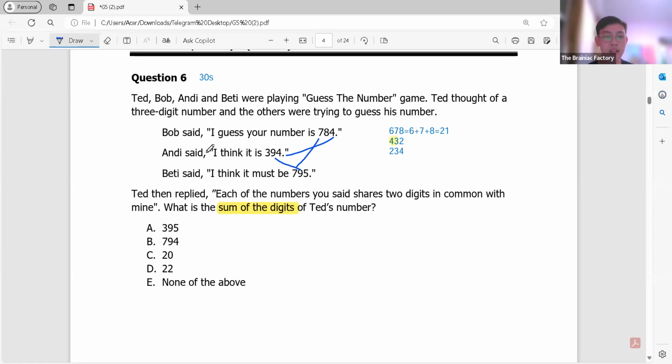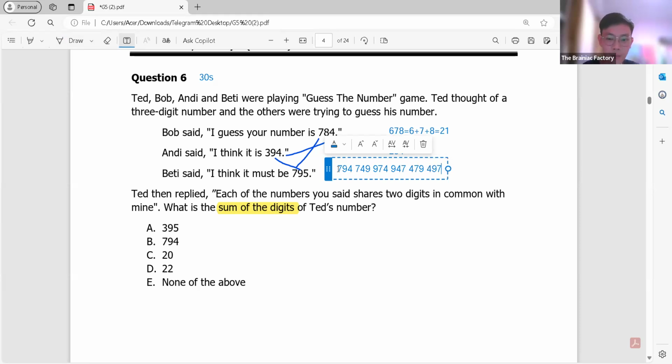So seeing this, we can assume that the number could be 794, 749, 974, 947, 479, or 497. But what we are going to do is sum it, because we're not asking about Ted's number.